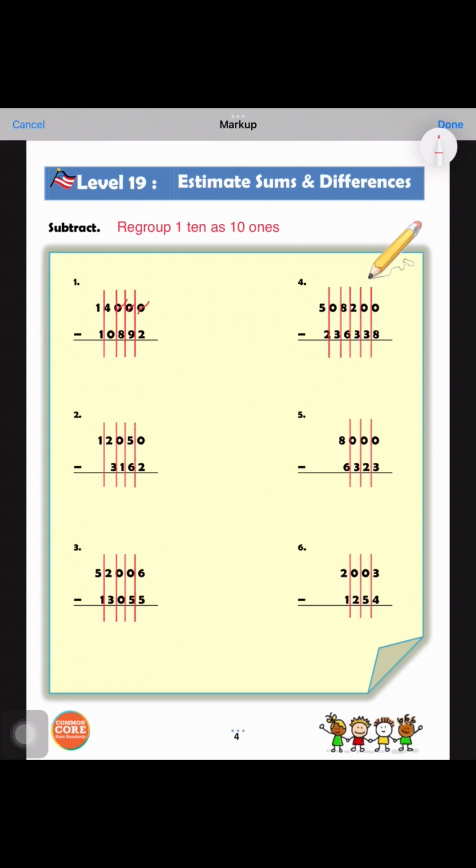Therefore, 10 minus 2 equals 8. And in the tens place, 9 minus 9 equals 0. And in the hundreds place, 900 minus 800 equals 100. In the thousands place, 3,000 minus 0 equals 3,000.